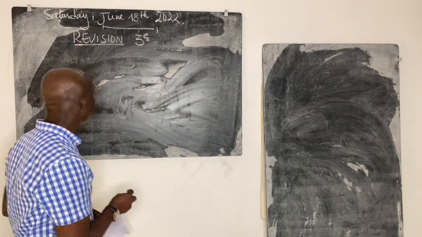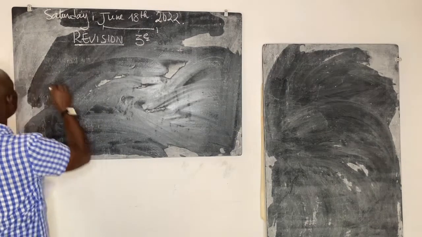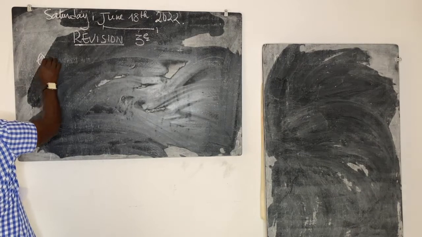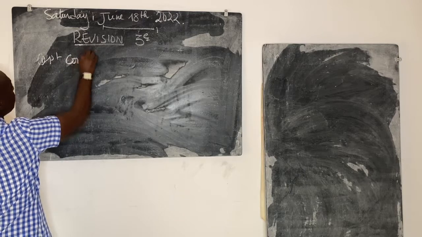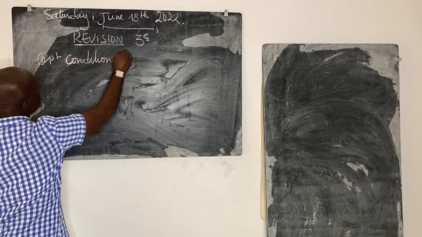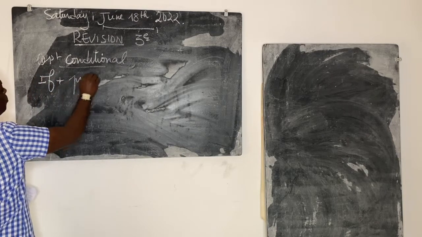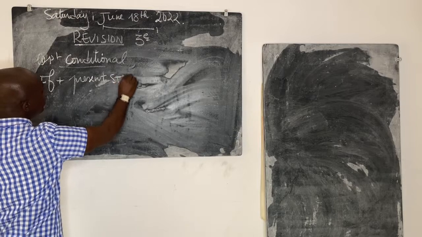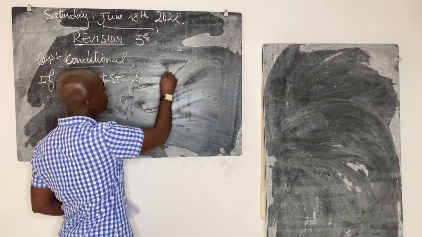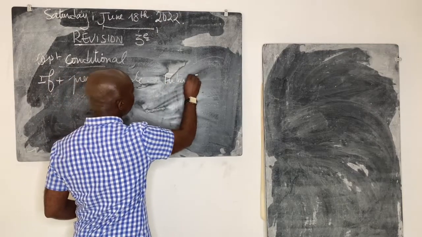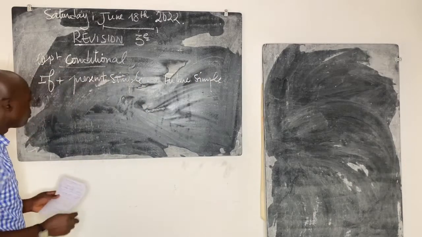Last time we said that for the first conditional, when we have if plus present simple in the main clause, we have the future simple in the subordinate clause. Example.